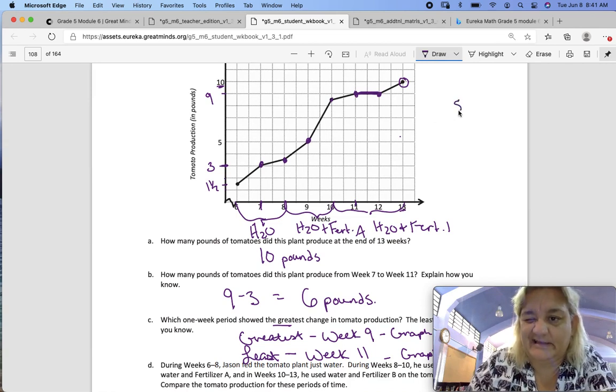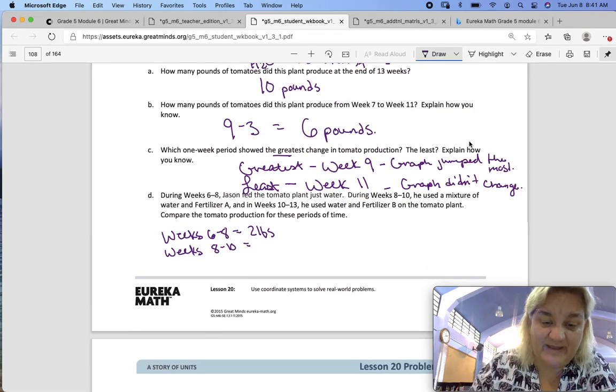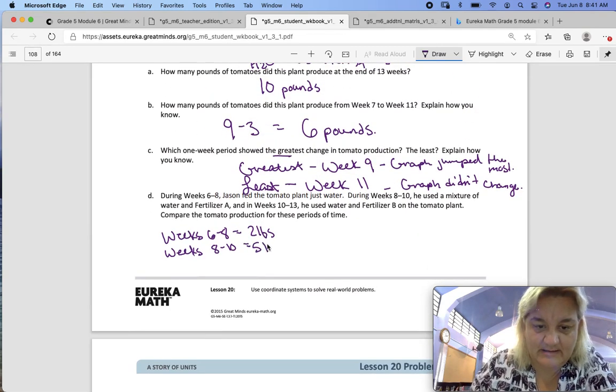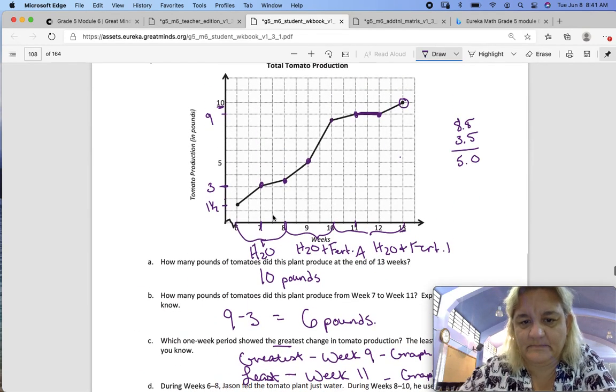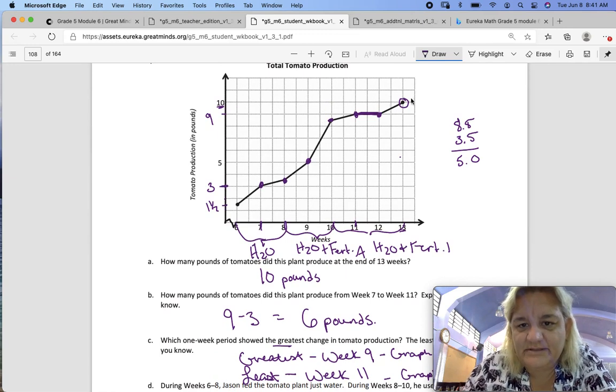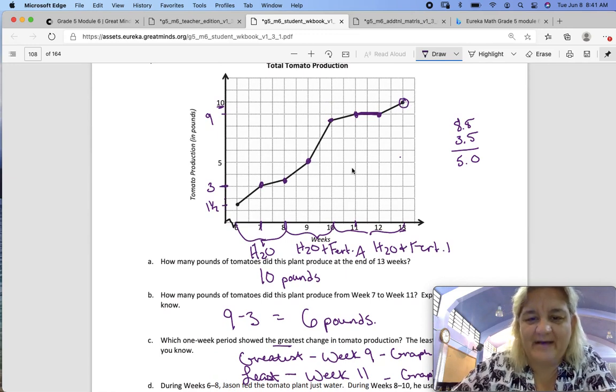So 8.5 minus 3.5 is 5. So 5 pounds that week. Wow. And fertilizer B, week 10 through 13, went from 8.5 to 10, which is only 1.5 pounds.